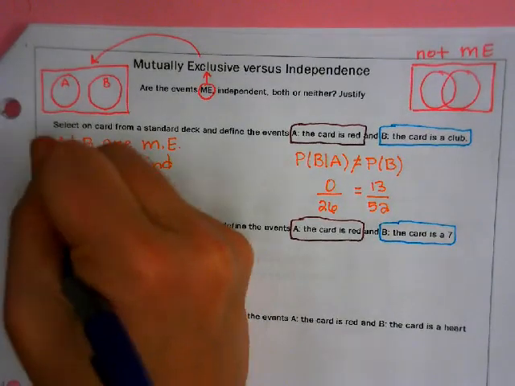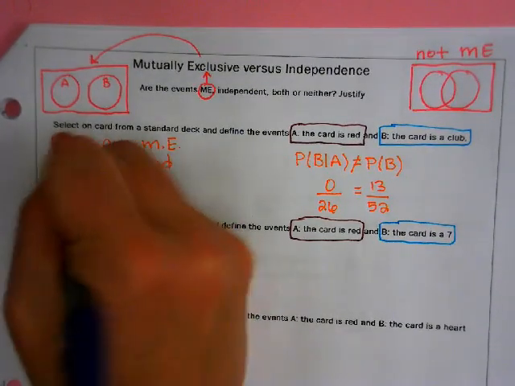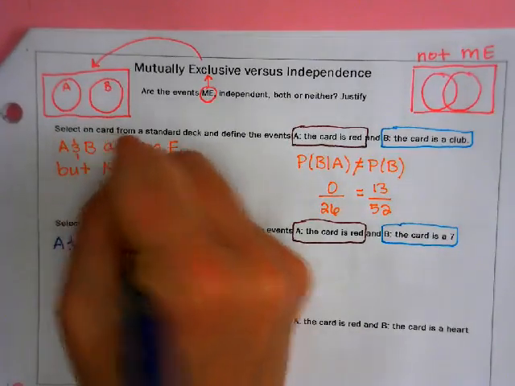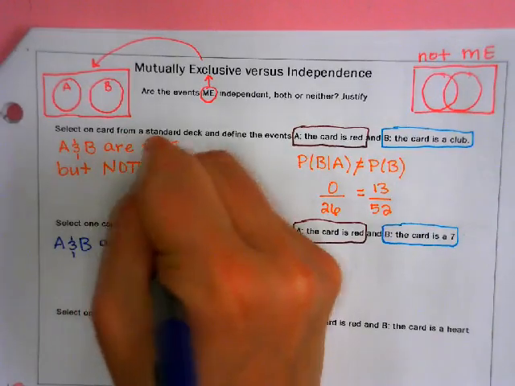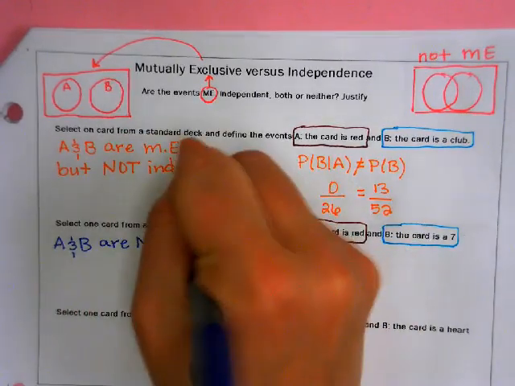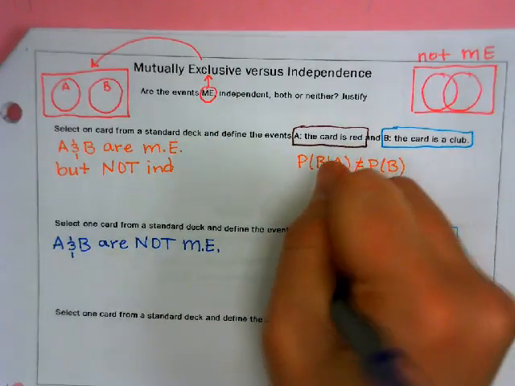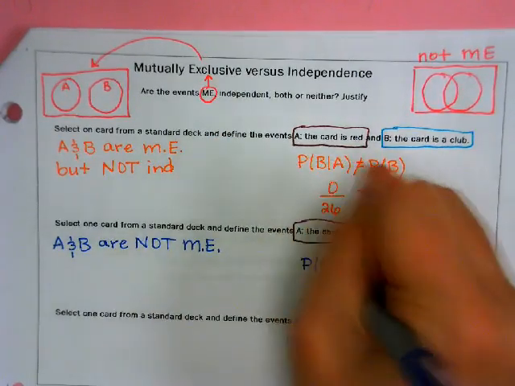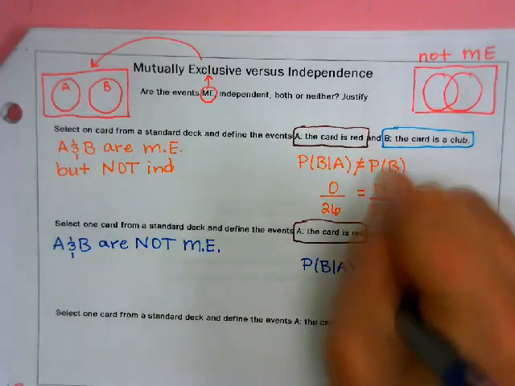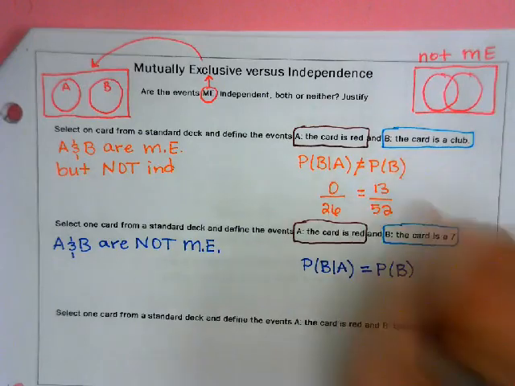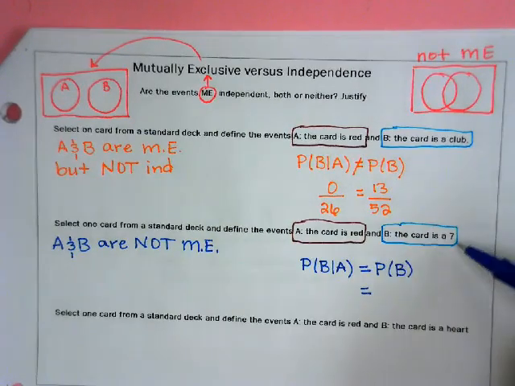And then we're going to look at the probability of B given A and compare it to just the probability of B to see if we have independent events. So the card is a 7. How many 7s are there? 4. And how many cards total? 52. So the probability of B is 4 out of 52. Probability of B given A happens.